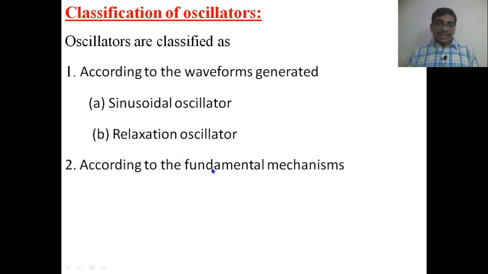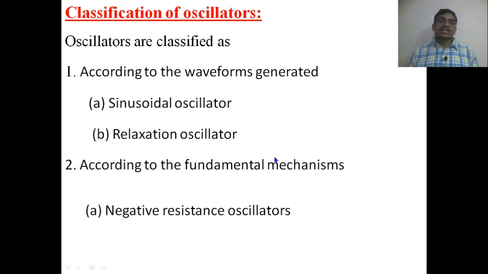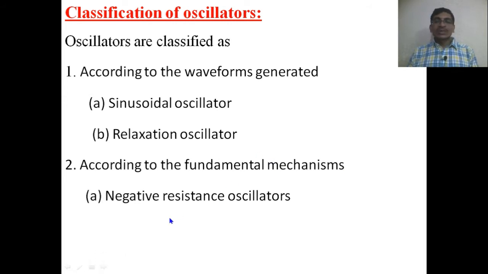The second classification for oscillators is according to the fundamental mechanism used for oscillations. One is the negative resistance oscillator, another is the feedback oscillator. The negative resistance oscillator uses negative resistance devices like UJTs.